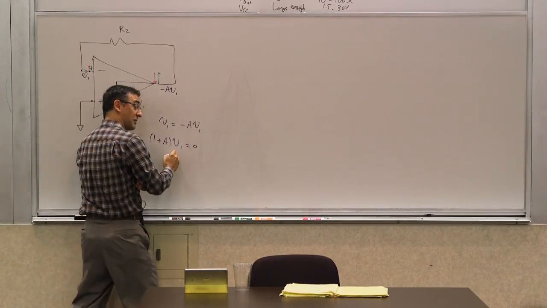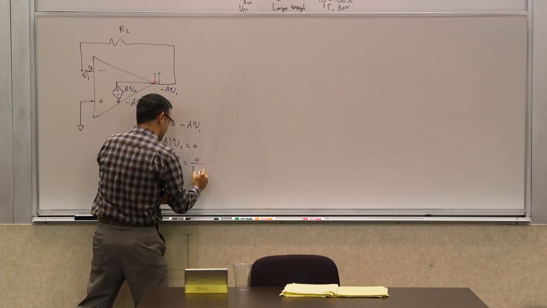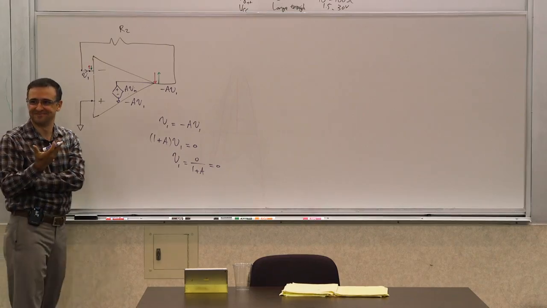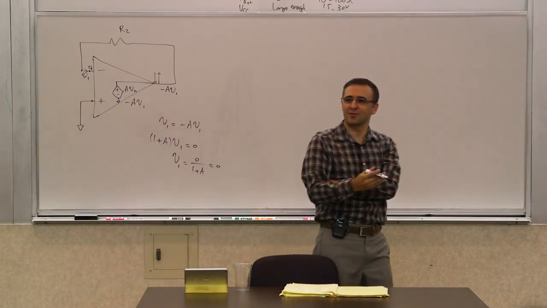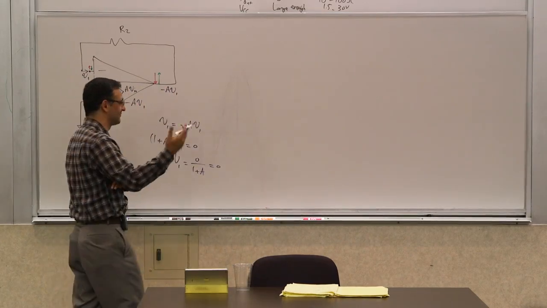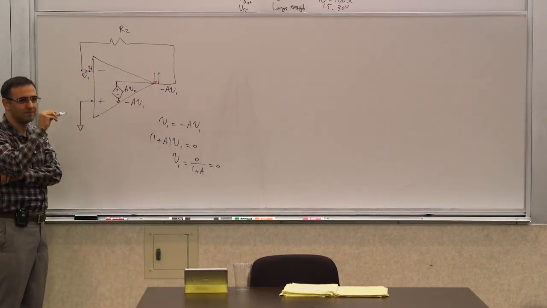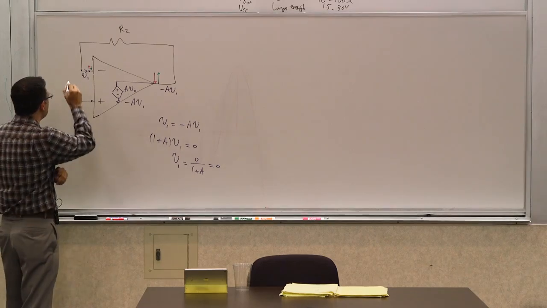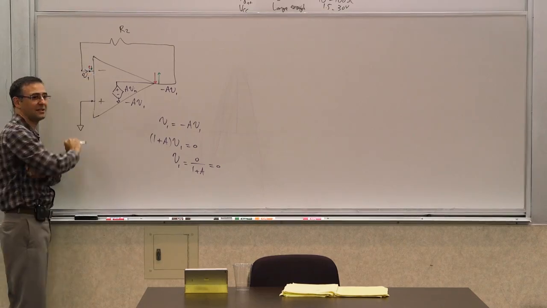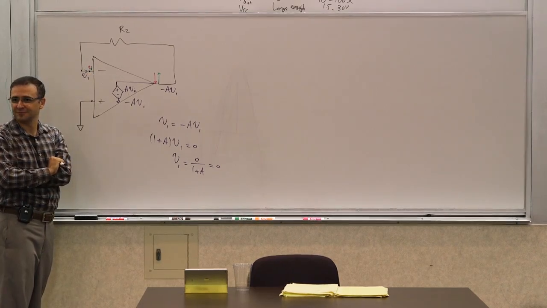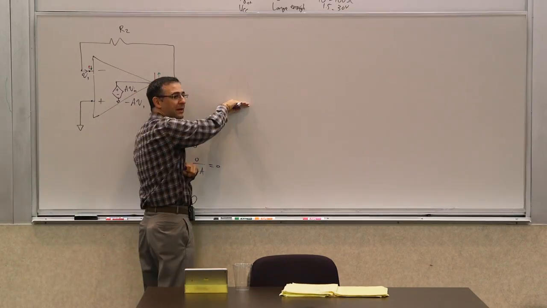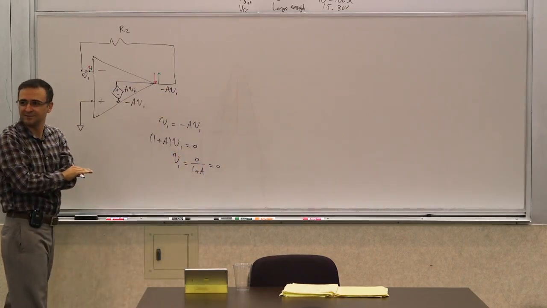Let's divide by 1 plus A. If I say 1 times something equals 2 times something, what is the something? 0, right? Okay, so it says this voltage is 0. It forces this voltage to be 0. Not positive, not negative. It basically forces it to be exactly dead in the middle if you do that.